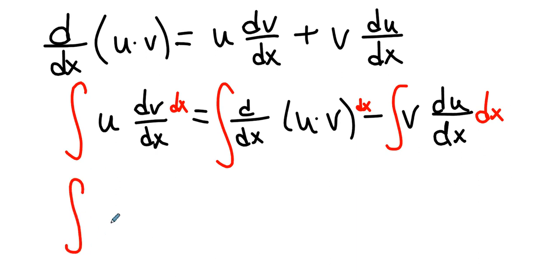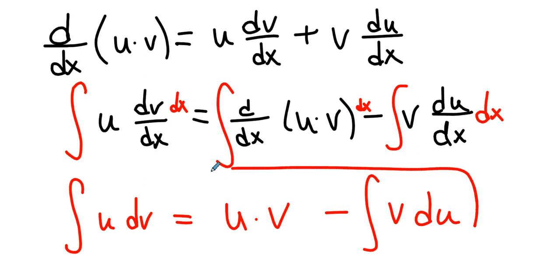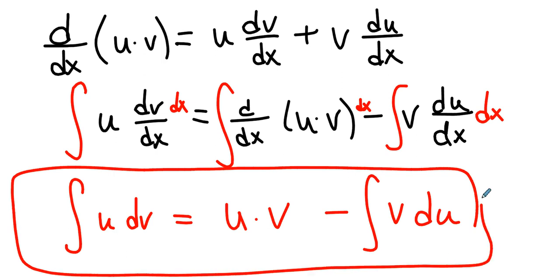That leaves us with the integral of u dv is equal to, well, this is the integral of the derivative of uv, that's u times v, minus the integral of v du. And this thing is what is called the integration by parts equation. This is how we do integration by parts.